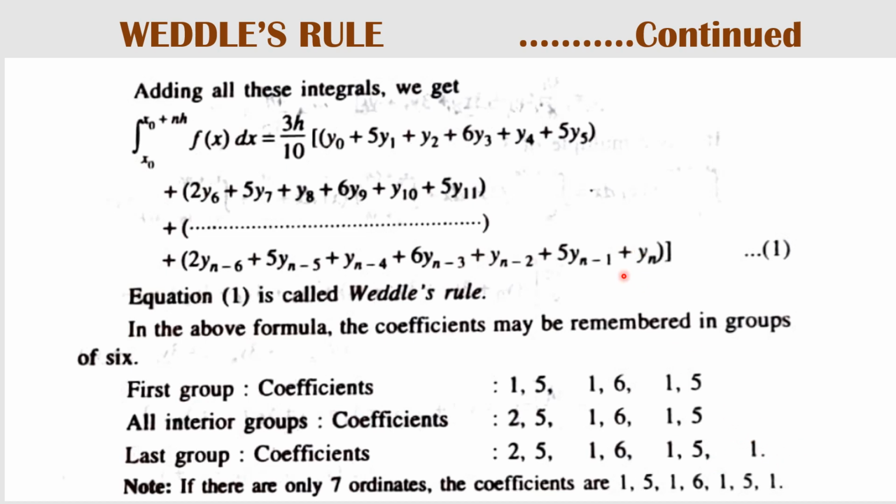So from this, I can come to the conclusion that if there are only 7 ordinates, the coefficients are 1, 5, 1, 6, 1, 5, and 1. So in order to easily remember the coefficients, we are grouping the coefficients into first group coefficients, interior group coefficients, and then last group coefficients. So 7 ordinates are necessary for this Weddle's rule.